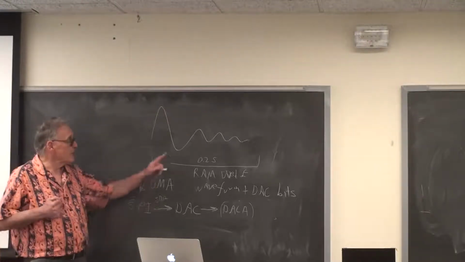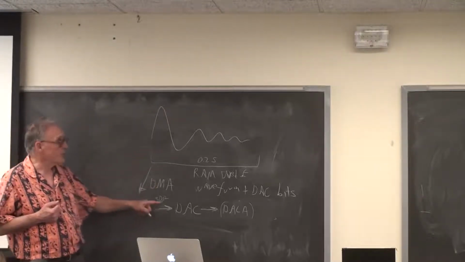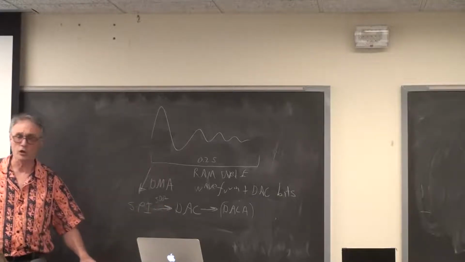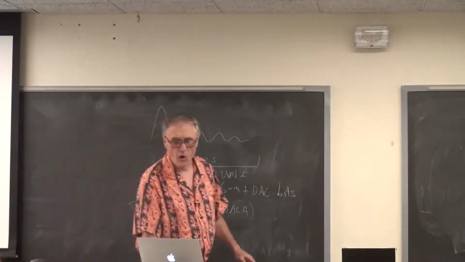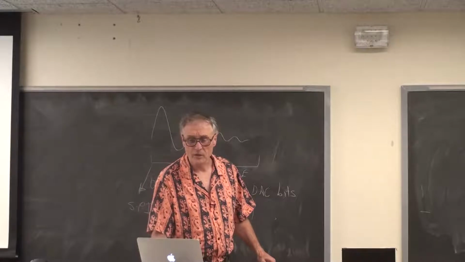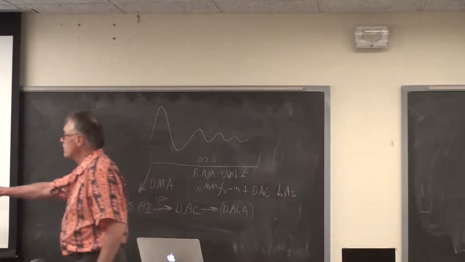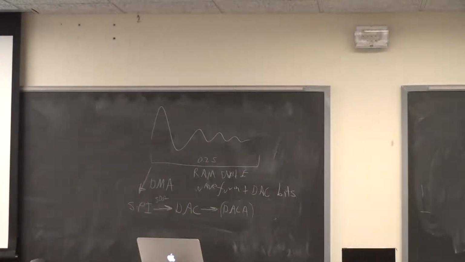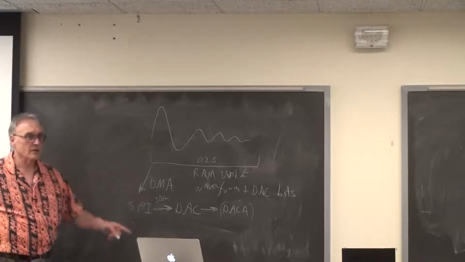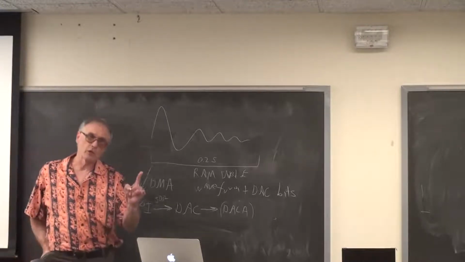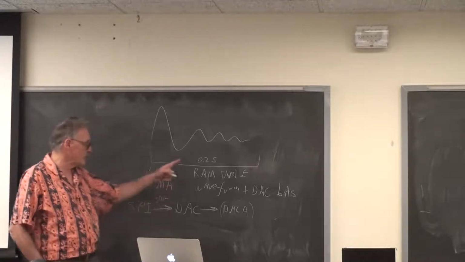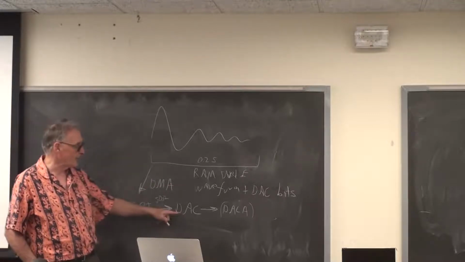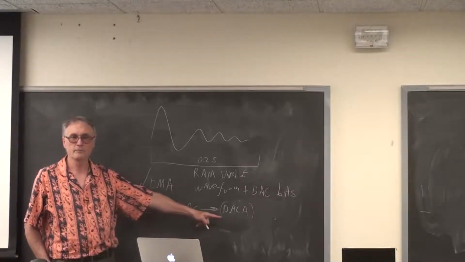That means that this whole copy will occur, the whole waveform generation will occur with no interaction from the CPU. The CPU can go off and do whatever it wants to do, like calculate the positions of balls for the next frame. And the DMA channel, separately and without interaction, will send the sound to the SPI channel, which will copy it through the DAC to the output port.